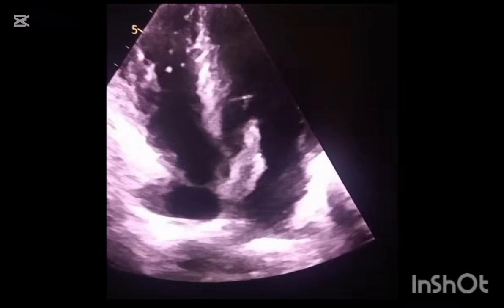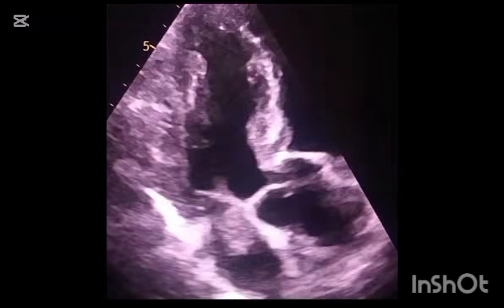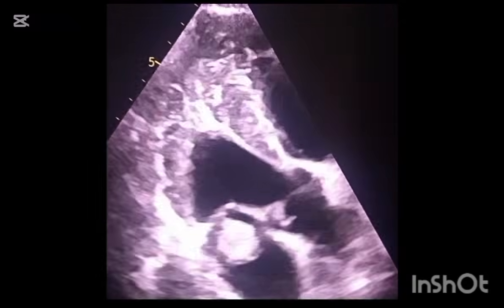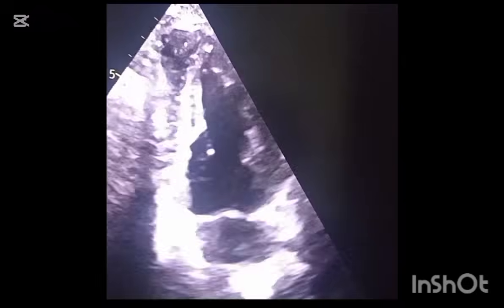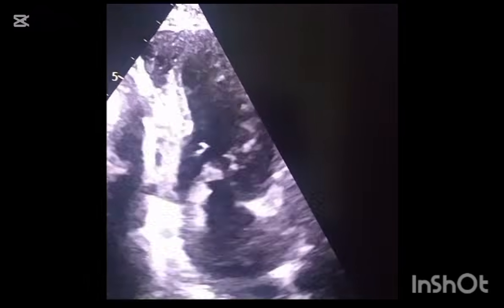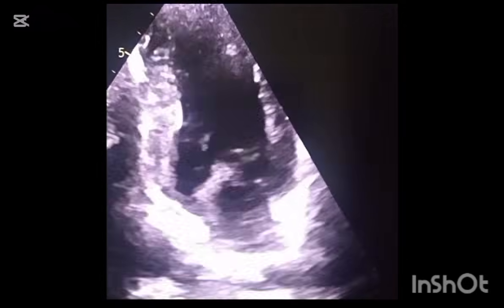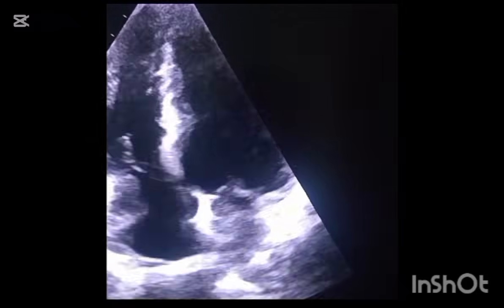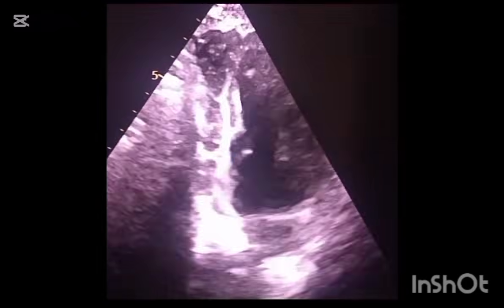These are much bigger, creating a functional MS by blocking the left ventricular inflow. 75% grow in the left atrium, 15% grow in the right atrium, and 5% in each of the ventricles. These are mostly benign tumors which grow in the heart.